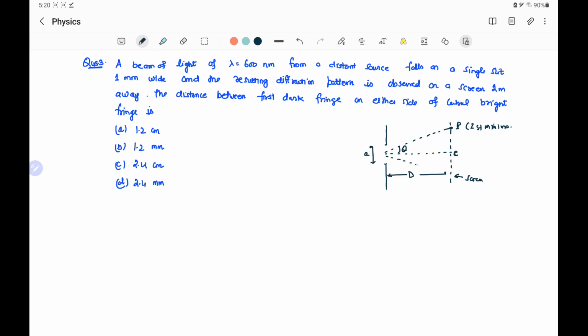Similarly, another first minima occurs at an angle of theta on the other side of C.